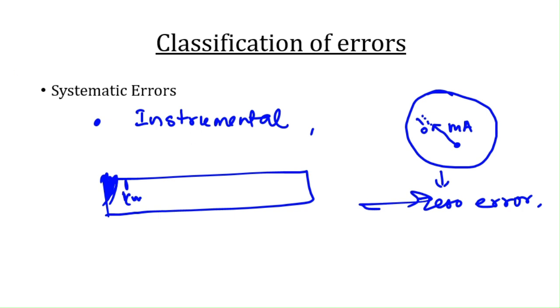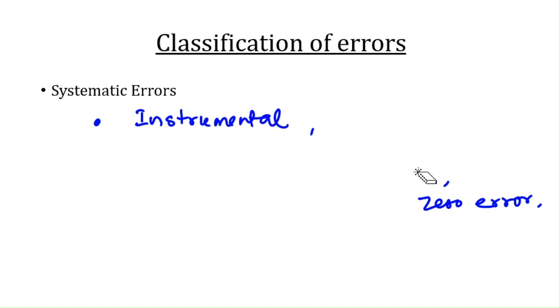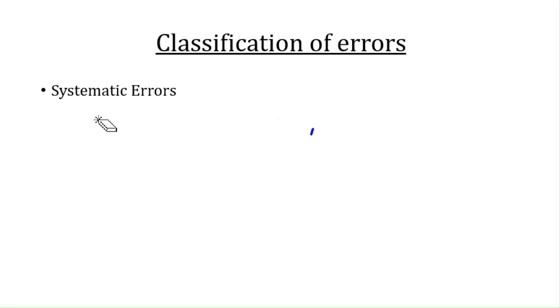In case of a screw gauge or micrometer, there may be backlash error, where measurements will be different if you rotate the micrometer in the counterclockwise and in the clockwise direction. This way, you may get different values. That is backlash error. So instrumental errors can be eliminated, up to some extent, by using proper instruments. And imperfection in experimental techniques may also be there.